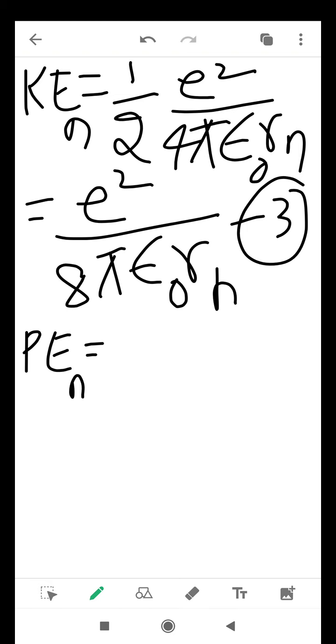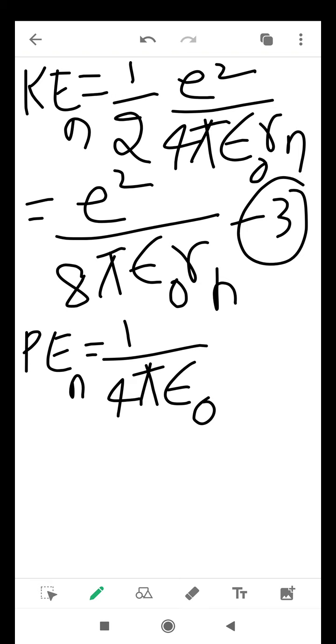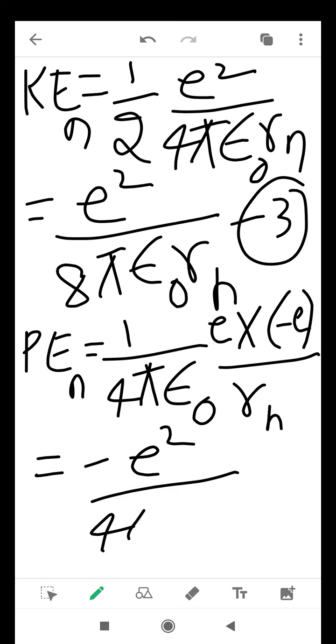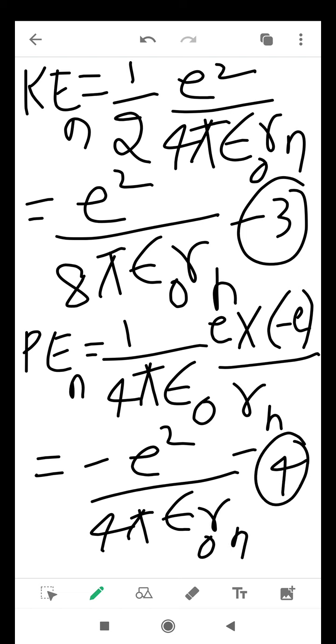That is given by 1 divided by 4 pi epsilon naught into charge on the nucleus e, and the charge on the electron minus e, divided by Rn. Therefore the potential energy is given by minus e square divided by 4 pi epsilon naught into Rn. This is the expression for potential energy.